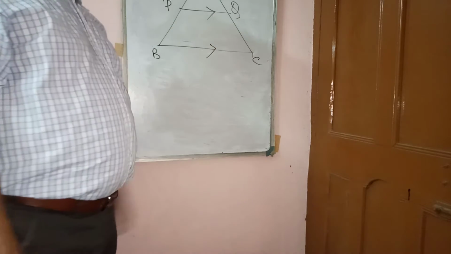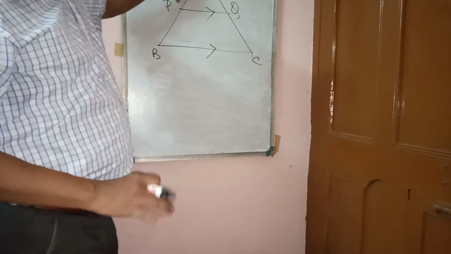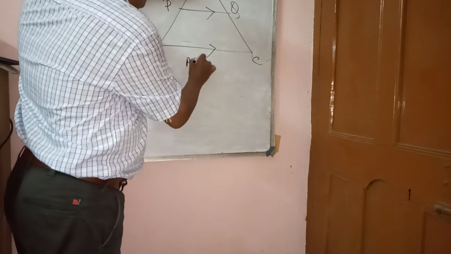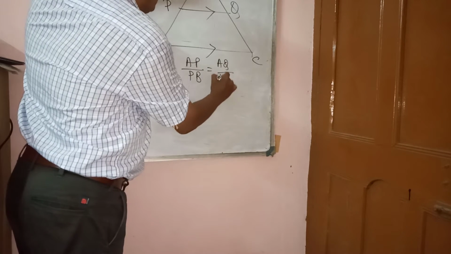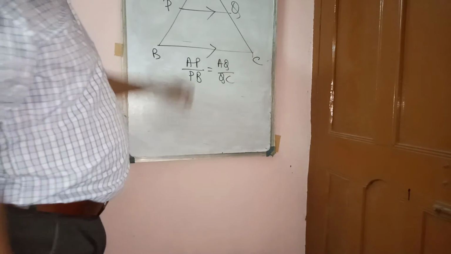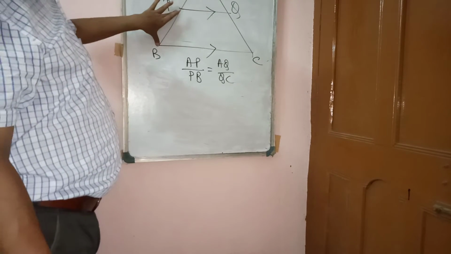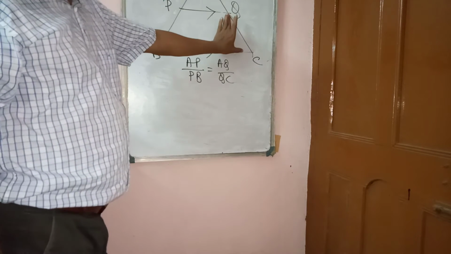PQ parallel to BC is given. Then it is always true. This is the proportion, that is AP by PB always equal to AQ by QC. The ratios are always equal. That is AP ratio is to PB ratio equal to AQ ratio is to QC ratio.